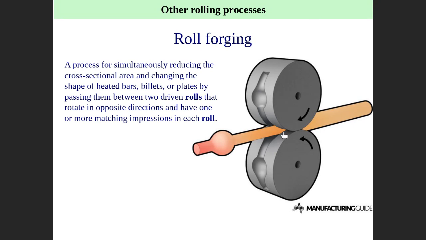What does that mean? Rolling here reduces the cross section, and the forging part deforms the shape, like hammering the workpiece. Because of this kind of deformation, we're hammering the workpiece together. So it is rolling and forging, which is why they call it roll forging.